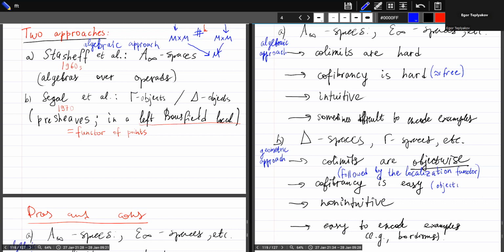Please, if you don't mind, may you reveal a bit more about cofibrancy in the algebraic approach? Oh, we didn't actually talk about it properly, but typically, in the algebraic approach, the model structure is the transfer model structure.